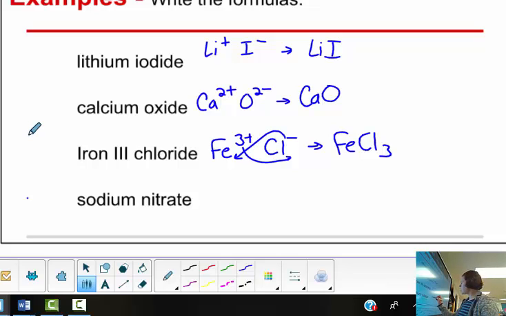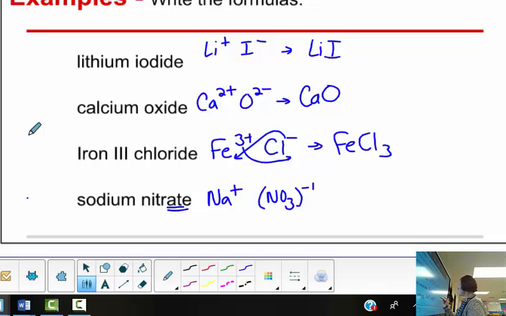And our next example is sodium nitrate. Sodium is Na with a +1. Nitrate, it's a polyatomic ion. It's on the back of your periodic table. Nitrate is NO3-. Notice the parentheses, okay? It's only a -1 charge, okay?